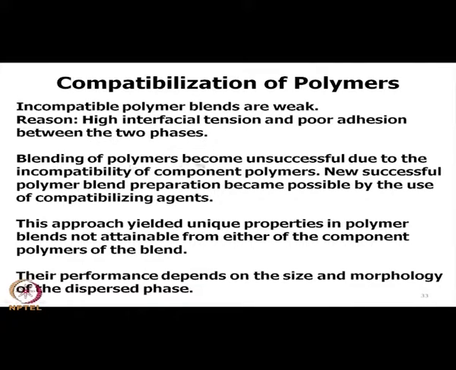Now, blending of polymers that became unsuccessful due to the incompatibility of component polymers, new successful polymer blend preparation became possible by the use of compatibilizing agents. This approach yielded unique properties in polymer blends not attainable from either of the component polymers of the blend. Their performance depends on the size and morphology of the dispersed phase.